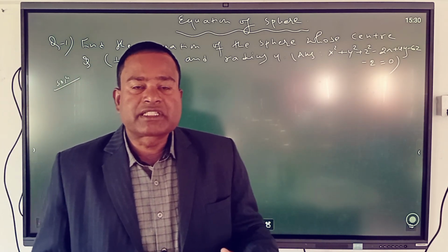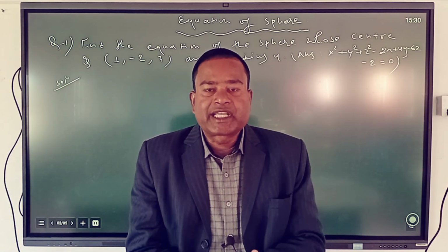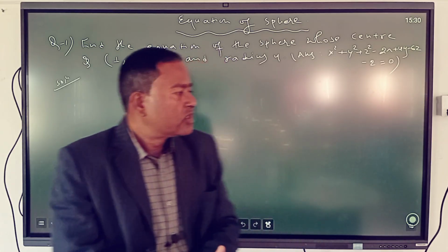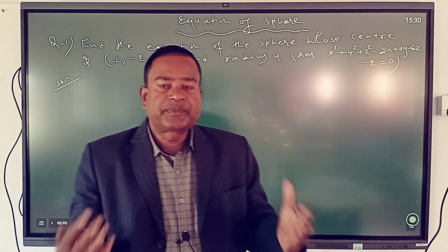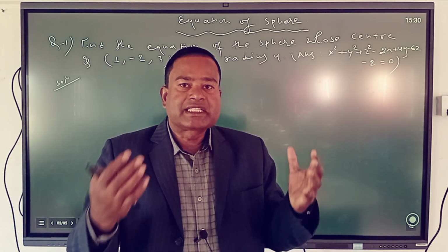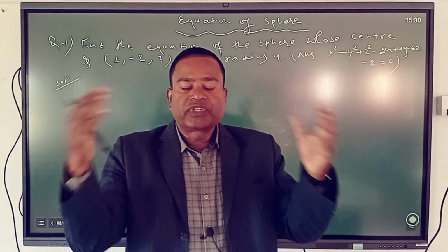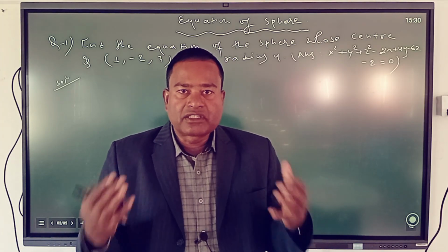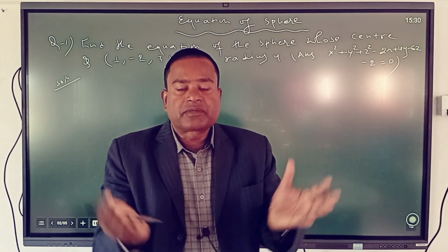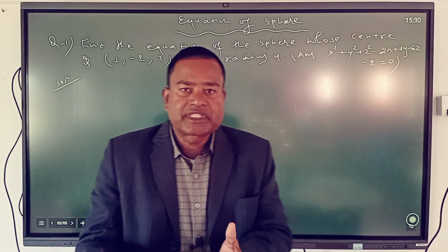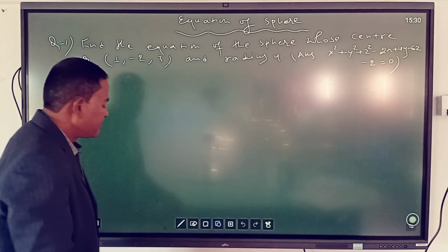We know that a sphere is a three-dimensional solid object. Any point on the surface of this sphere we can represent by the coordinates x, y, z. So let's make a diagram.